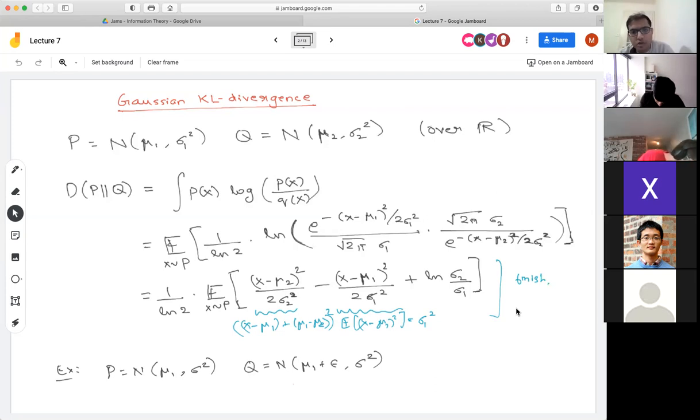Then if you have P and Q, which are just slightly shifted Gaussians, what can you say about the total variation distance or the L1 distance in terms of KL divergence using Pinsker's inequality, etc.? Maybe even think about how tight this is. It might depend on epsilon.